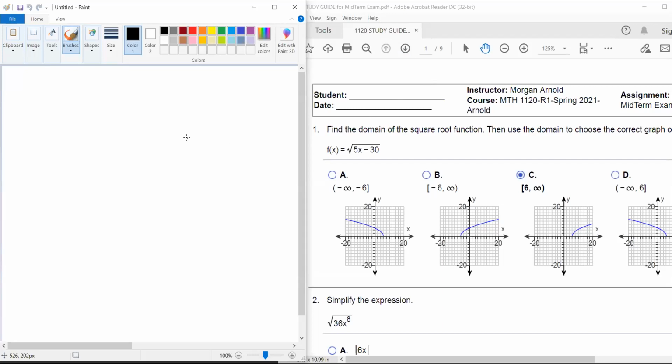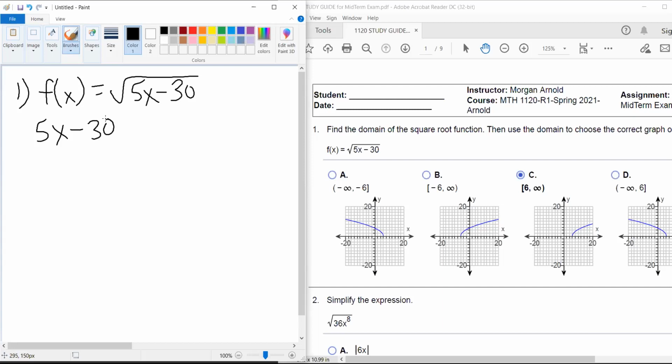Question one, find the domain of the square root function, then use the domain to choose the correct graph. We have a square root, so we know that a square root has to be 0 or greater than 0. So that's what we set the inside part of our radical equal to, to find the domain.